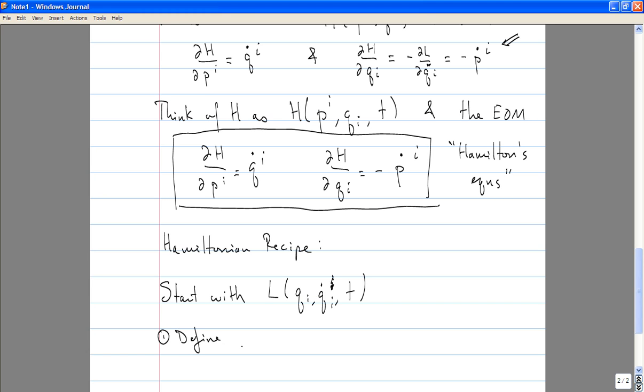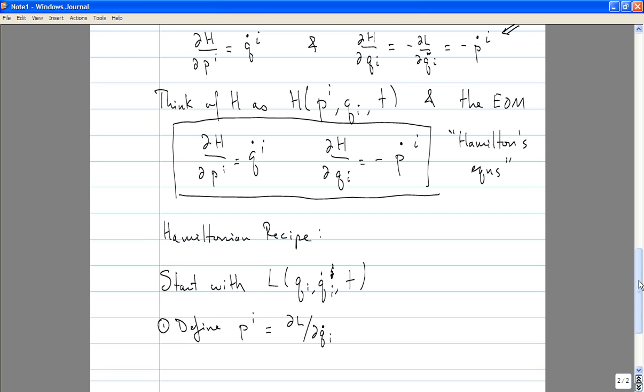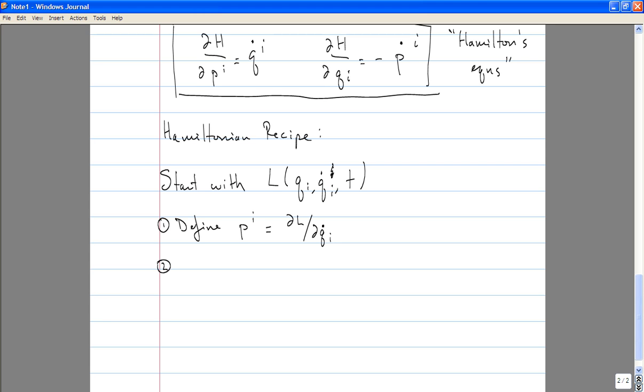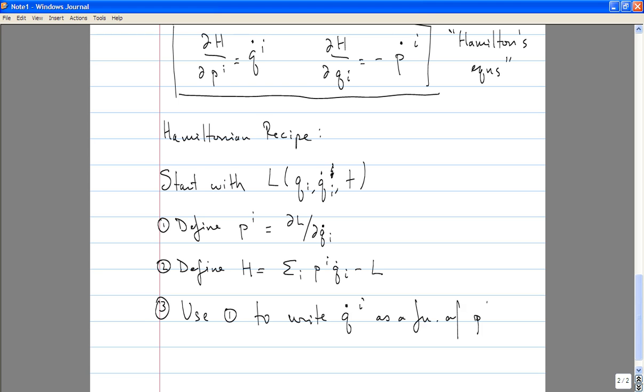We define the canonical momentum p to be the derivative of the Lagrangian with respect to qi dot. And then we define the Hamiltonian to be the sum over i of pi qi dot minus L. And then we use the formula for the canonical momentum to write qi dot as a function of pi and qi.